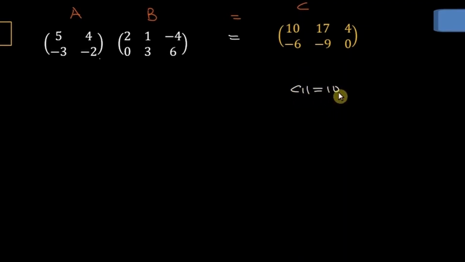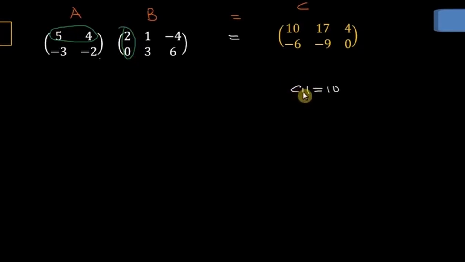How did I arrive at this answer? So let's show how to multiply a few elements, and then we could conclude that we all know how to do this. So what I like to do is first recognize that to multiply these two matrices, I would multiply row 1 by column 1 to get C11, which is exactly what it means.